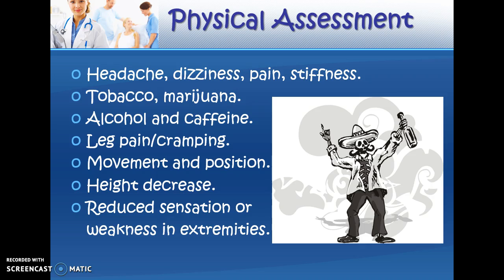Caffeine can affect cardiac issues. Alcohol as a central nervous system depressant can also affect the liver. So there's a lot of those things we really need to know about. Height decrease could indicate osteoporosis. So a lot of these things we really want to know about.